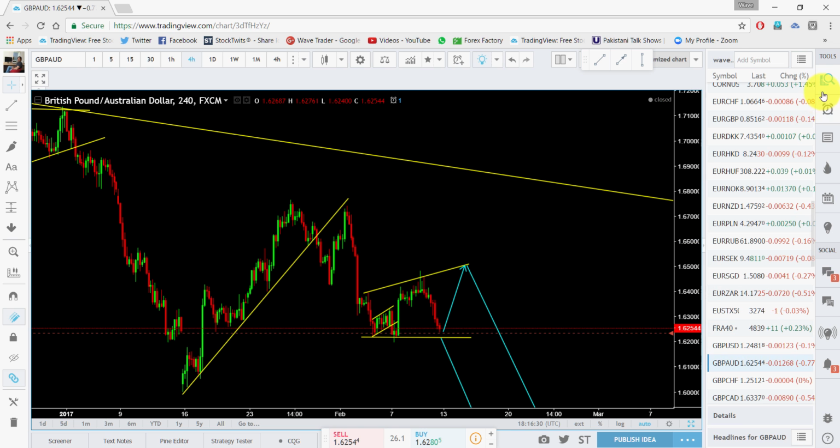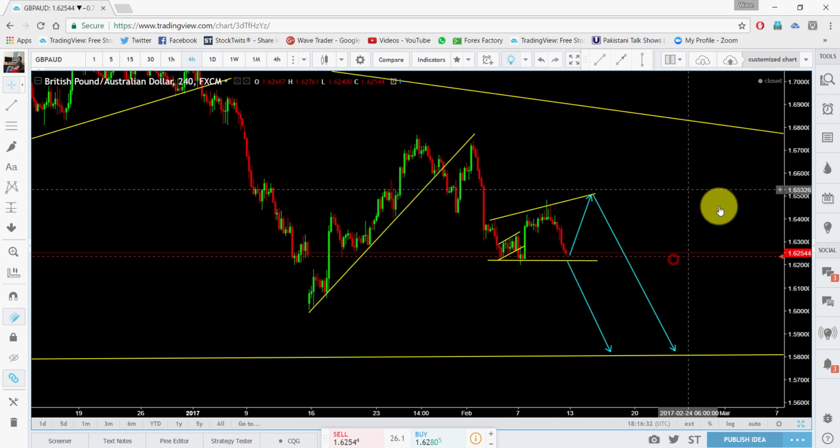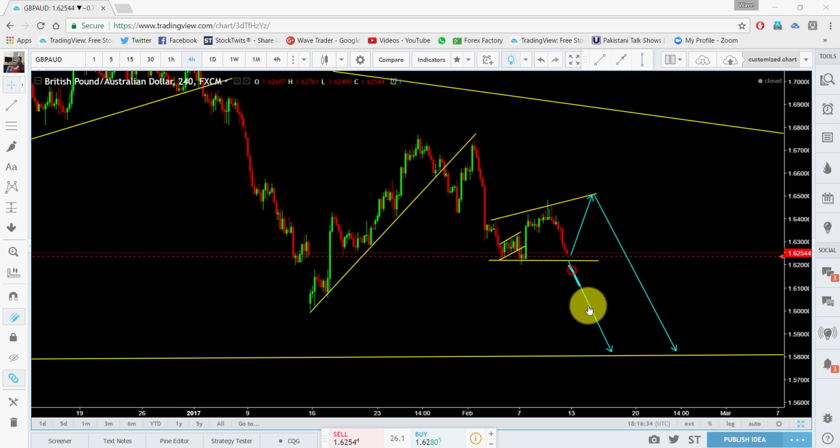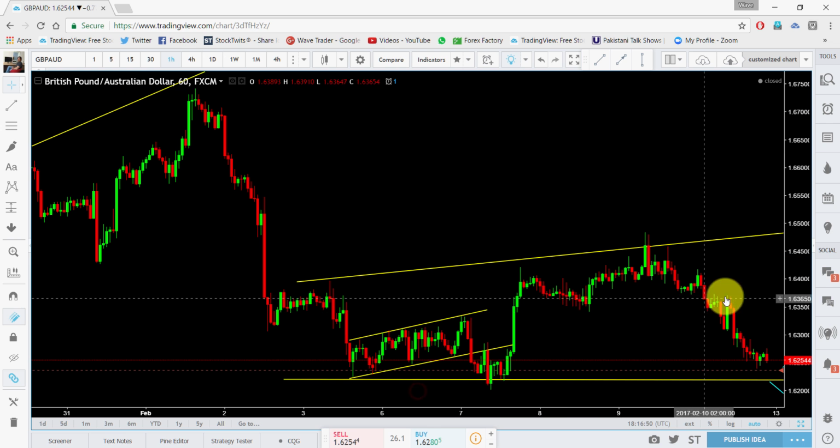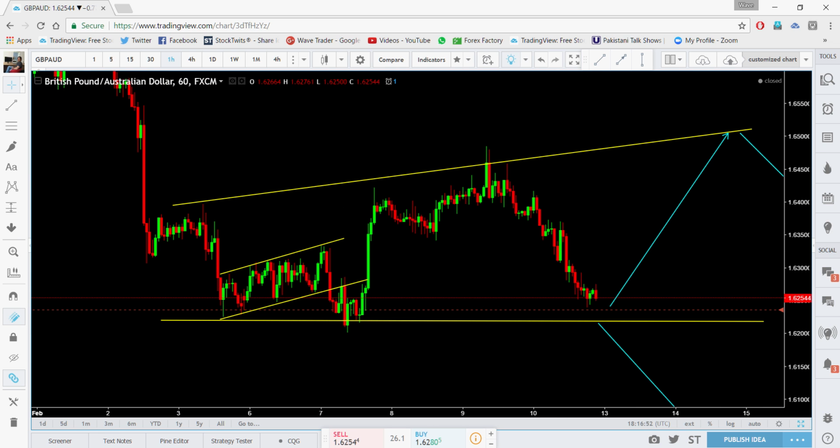Pound USD can fall back again to the lows or rise back to the top again. Price is on a price action point, so watch price action and look for buy to the upside for the completion of this expanding triangle. The move we can see over there is corrective.